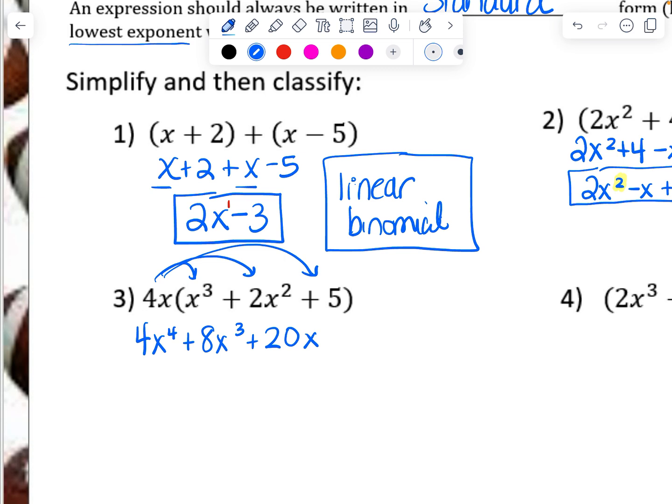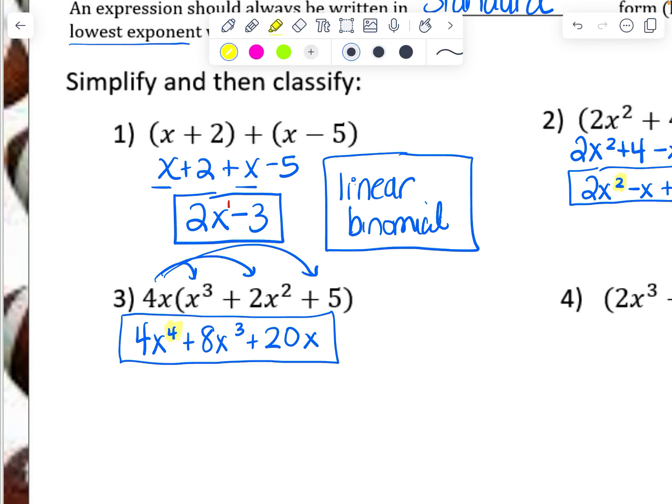So until we get it in its most simplified form, we can't name it. Nothing to combine here, so he's done. And then I'm going to name it. It's a fourth degree polynomial. That makes him quartic. And he has 3 terms, so he's a quartic trinomial. First name, last name.